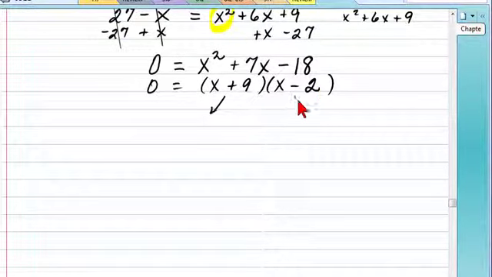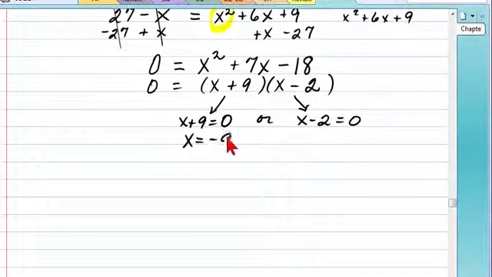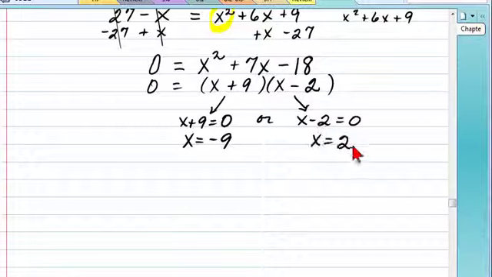The 0 factor property says that x plus 9 equals 0 or x minus 2 equals 0. So x is negative 9 or x is positive 2. I'm going to have two answers to check in just a minute.